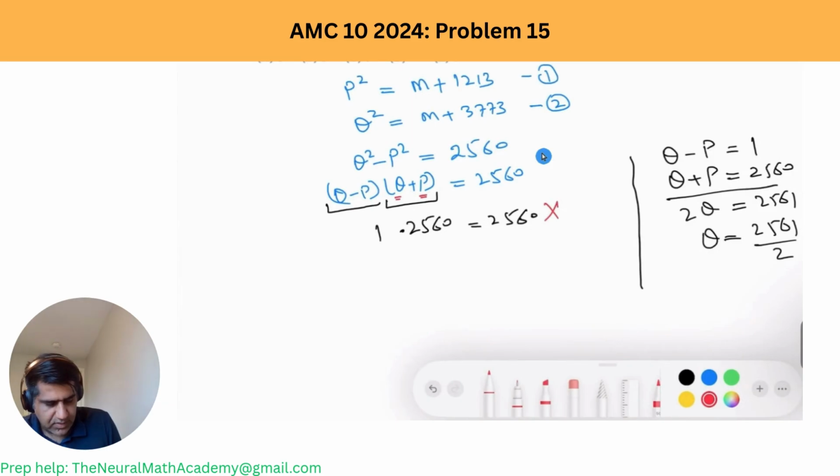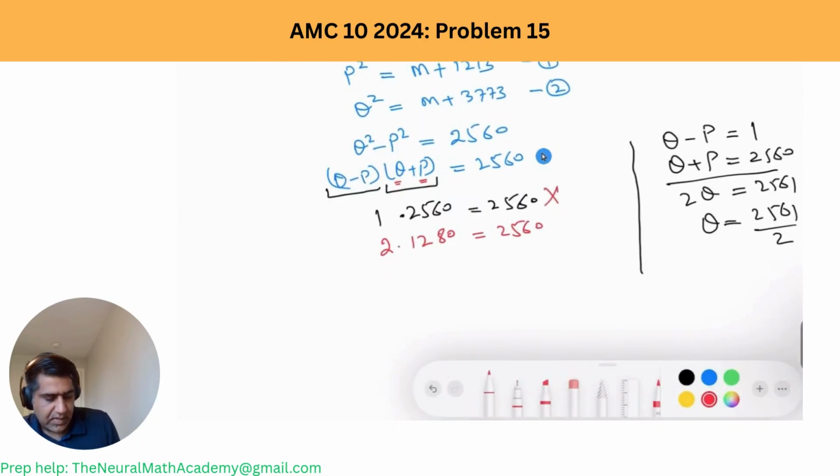In the next option, I can have 2 times 1280, right? So that is also, as we know, equal to 2560. And from here now, I can calculate the values for p and q.